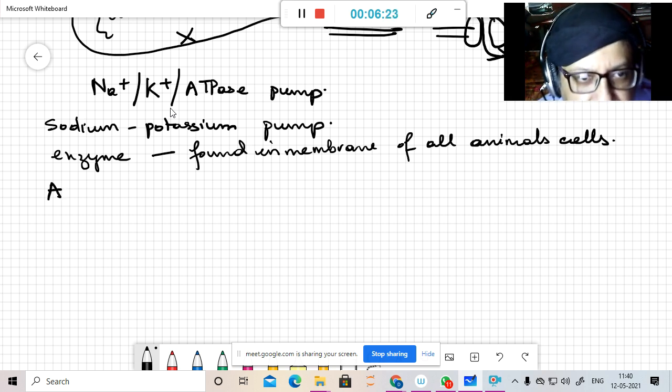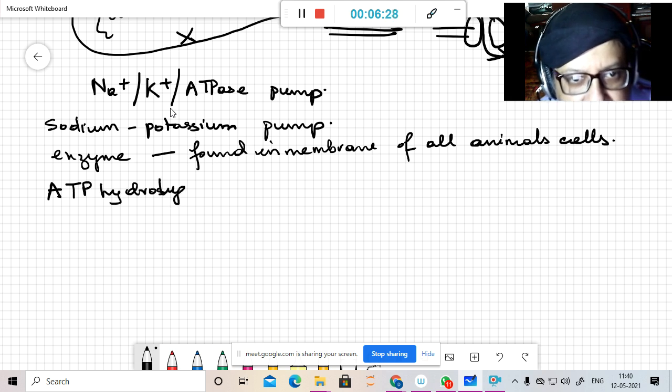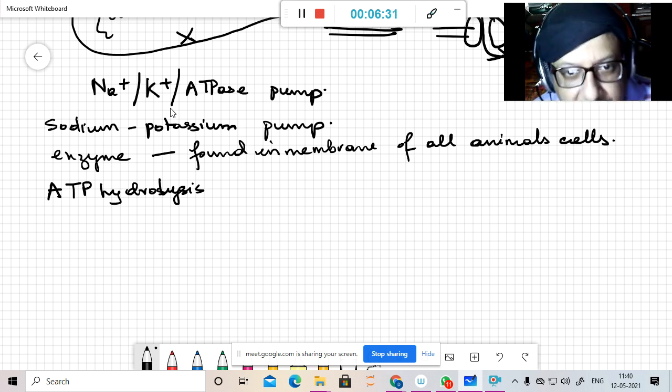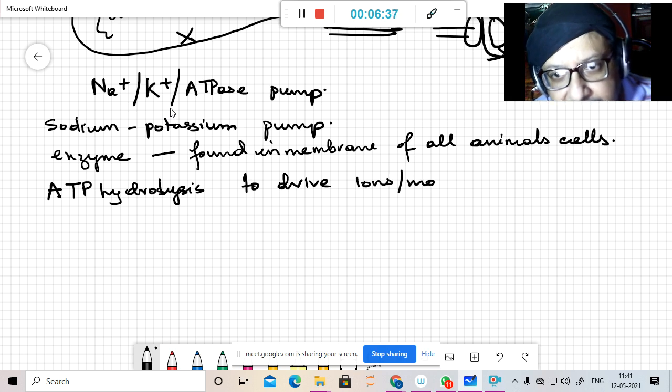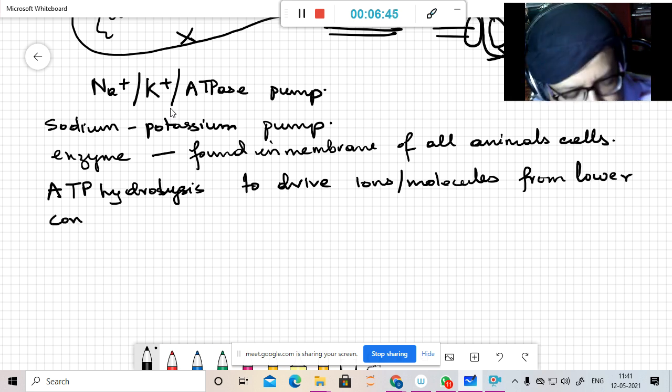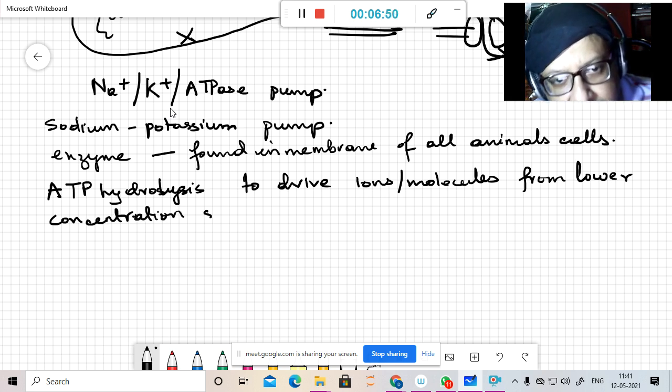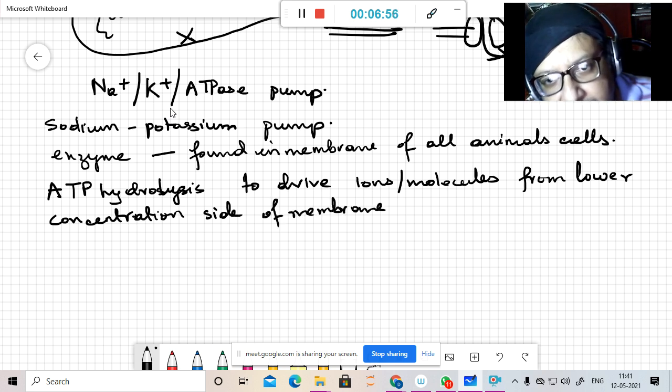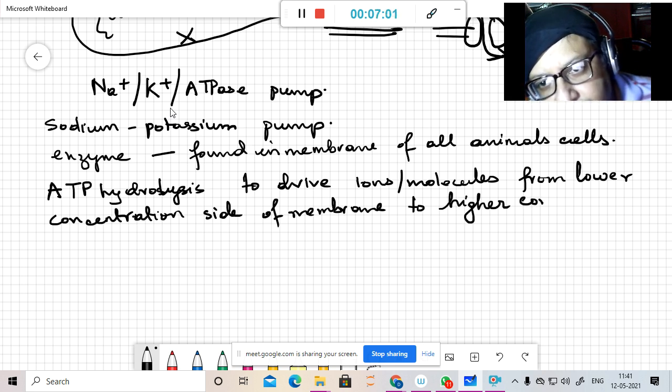Its property is that it uses ATP hydrolysis to drive ions or molecules from the lower concentration side of the membrane to the higher concentration side of the membrane.